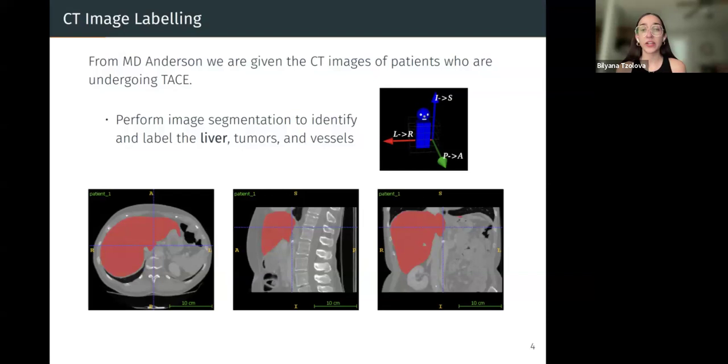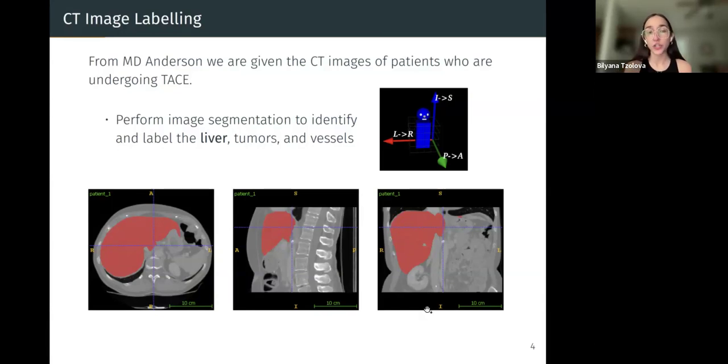So to begin with, we are given CT images of patients who have undergone TACE, and these CT images are made up of about 100 to 200 of these images here on the left. And the number of these images is dependent on the size of the patient's torso and also how far the images are spaced. And we can also reconstruct these CT images to view from the side of a patient and from the front.